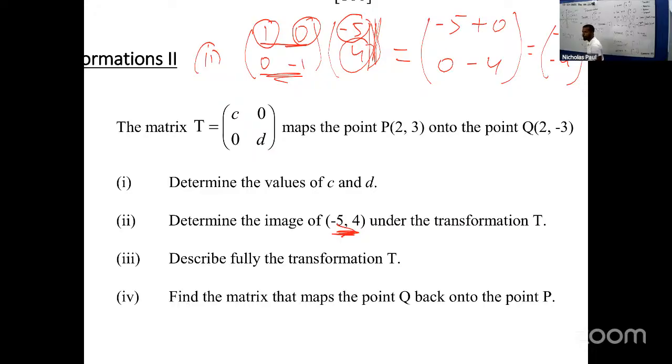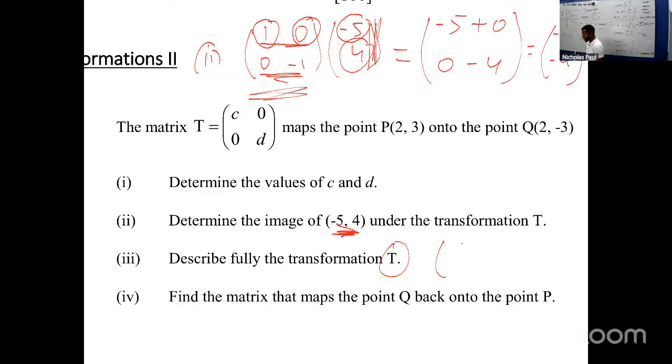Part 3. Describe in your own words. Catherine, can you describe fully part 3? Yes, you can. We just said it a little while ago. Look at the matrix here.